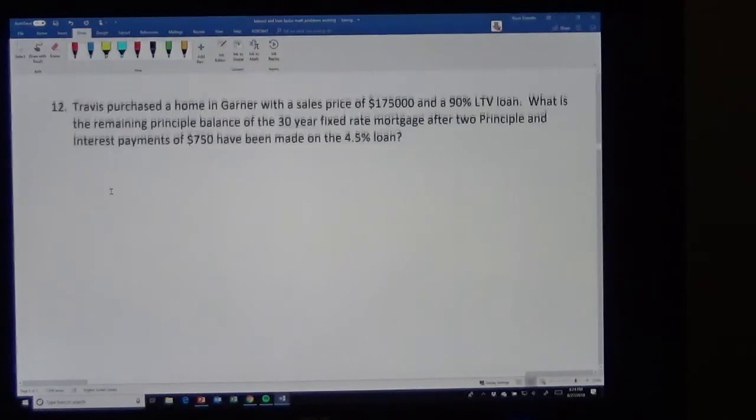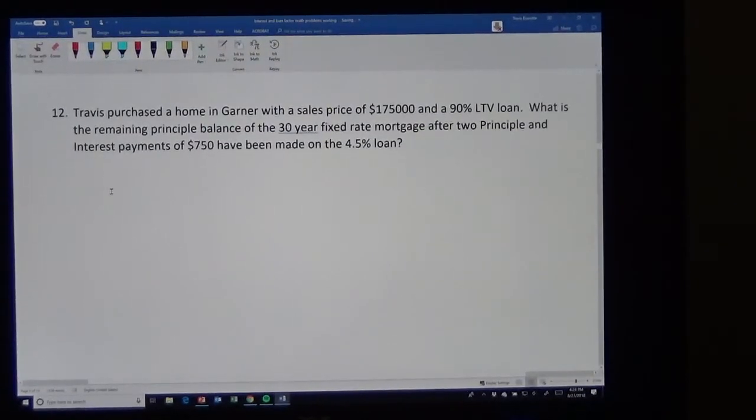So basically, we've got to do the exact same process we just did in the question before. We have to do it twice, right?